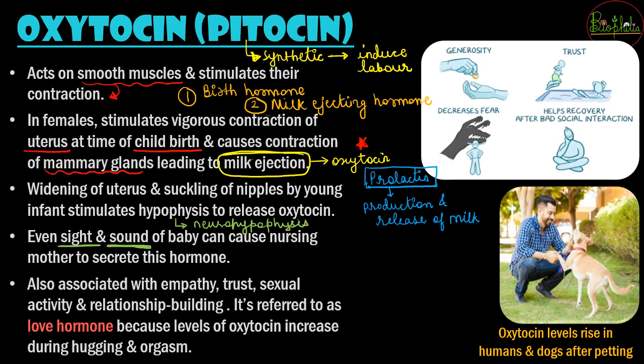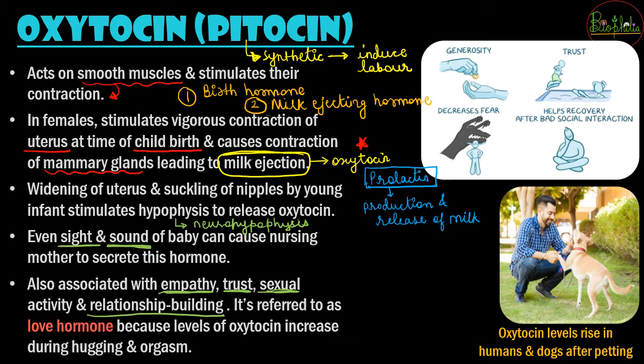In that case, oxytocin is going to be associated with the functioning called empathy, or trust development, sexual activities, or even relation building. So these are the associated functions that oxytocin will do for the females who are not matured, or even for the males who are not associated with childbirth or lactation.